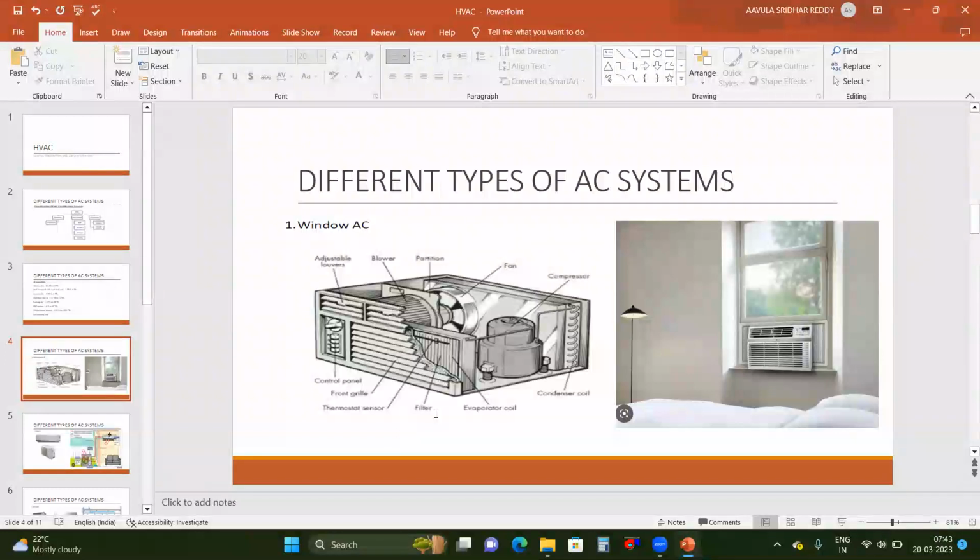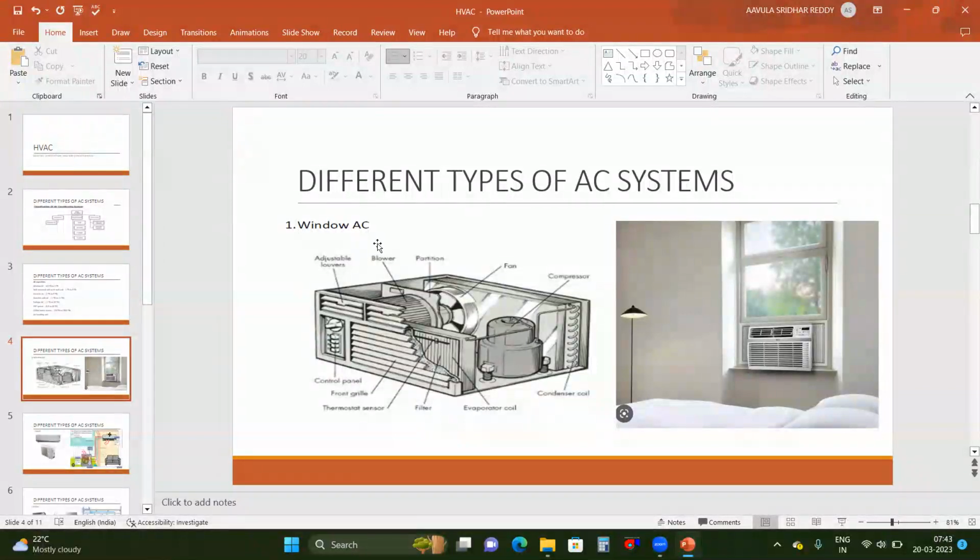The first one is window AC. So you can see the window AC looks like this. So we have discussed in the refrigeration cycle that one indoor unit will be there and one outdoor unit will be there, and we'll connect them with the copper piping. But here window AC comes as a single unit. So there will not be an outdoor unit. Outdoor and indoor, everything will be inside this one unit.